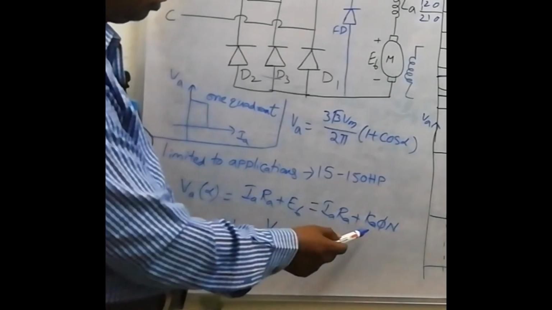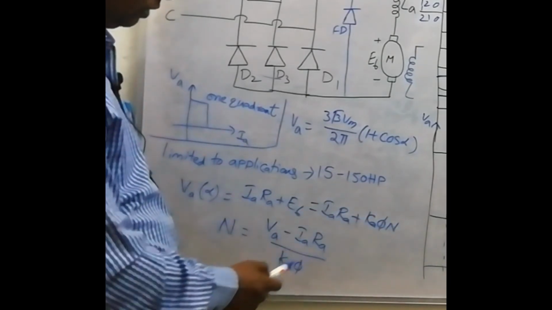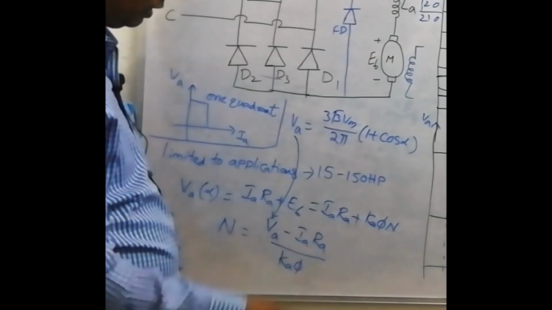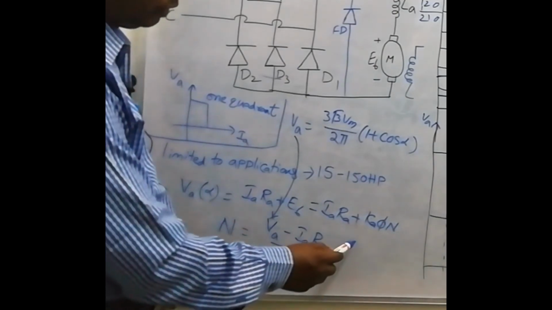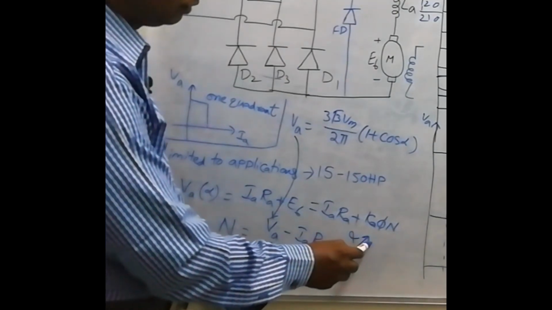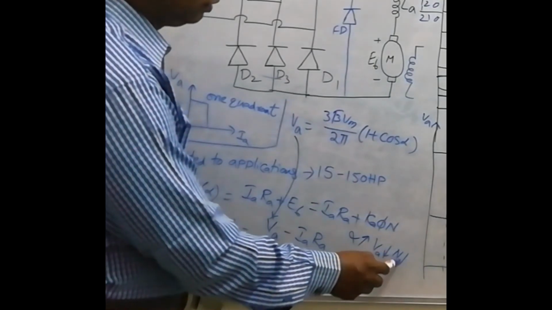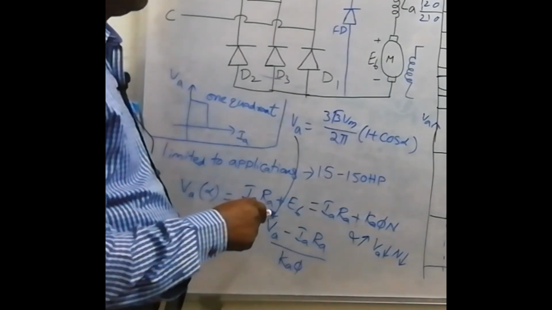Eb is equal to K phi n. So n is equal to (Va minus Ia Ra) by K phi. You substitute the Va value here. Finally the speed is proportional to the Va value. So when alpha value increases, output voltage decreases and the speed also decreases. This is for the separately excited DC motor.